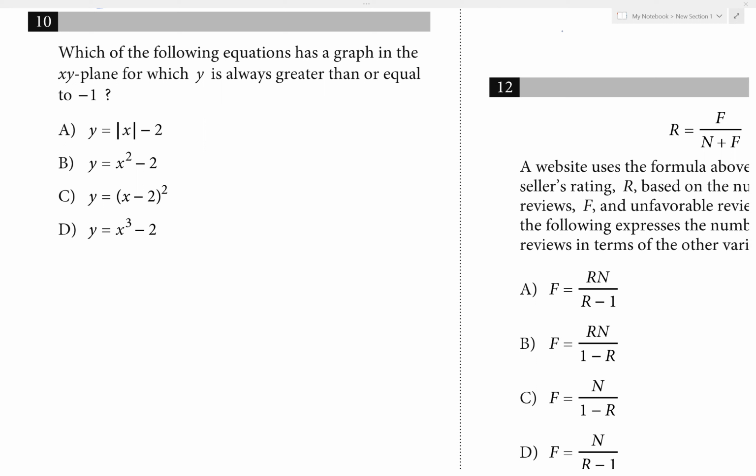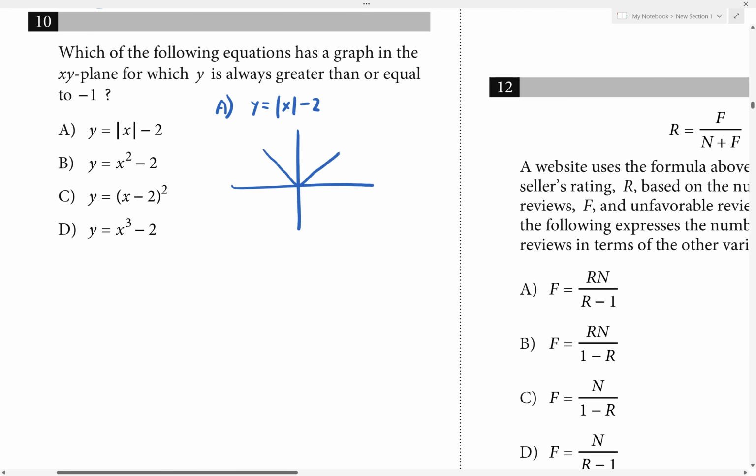So if you start with letter A, let's see what it looks like. That's the absolute value equation, y equal to absolute value of x minus 2. The absolute value graph is a V-shaped graph. So it'd be like this.